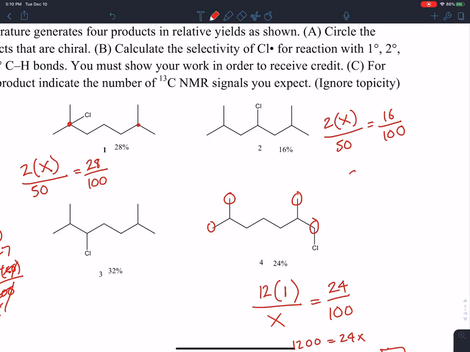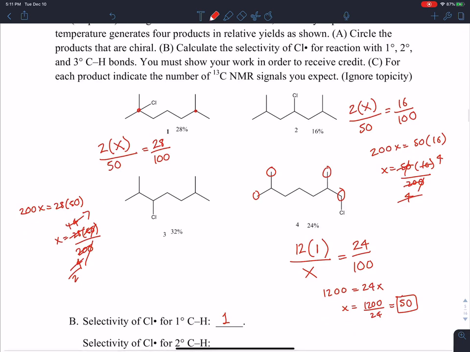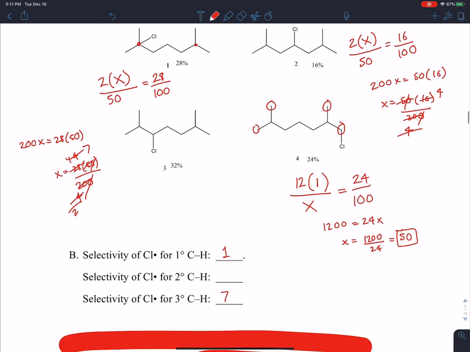So I end up getting 200x equals 50 times 16. So x equals 50 times 16 divided by 200. I cancel these zeros. 5 goes into 25, and 4 goes into 16 by 4. Just like that, this is how you would find the ratio.